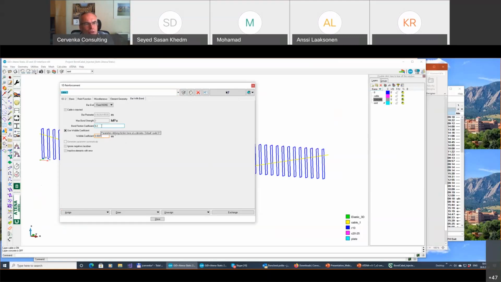This friction coefficient, which mainly is in the areas where we have curvature, and the Vogel coefficient, which is mainly in the straight areas, which is given by the fact that our prestressing pipes are not perfectly straight. So by these two parameters, you define the friction in this prestressing phase.